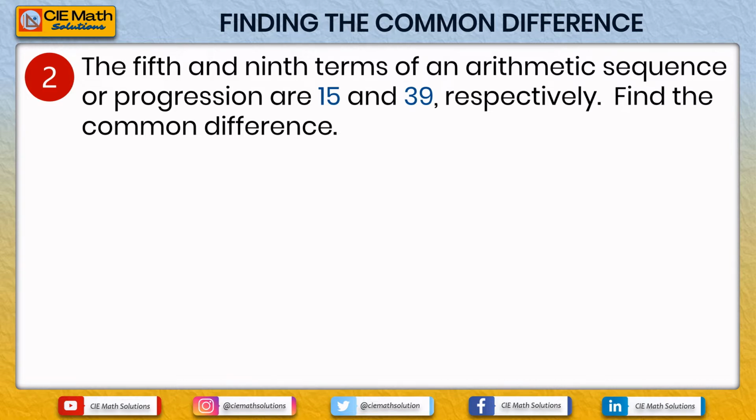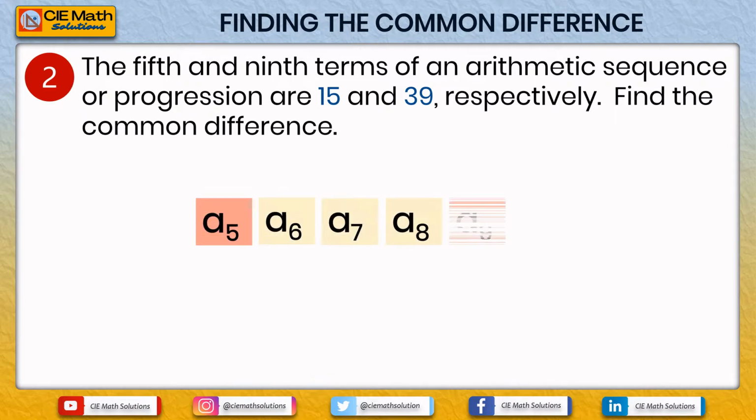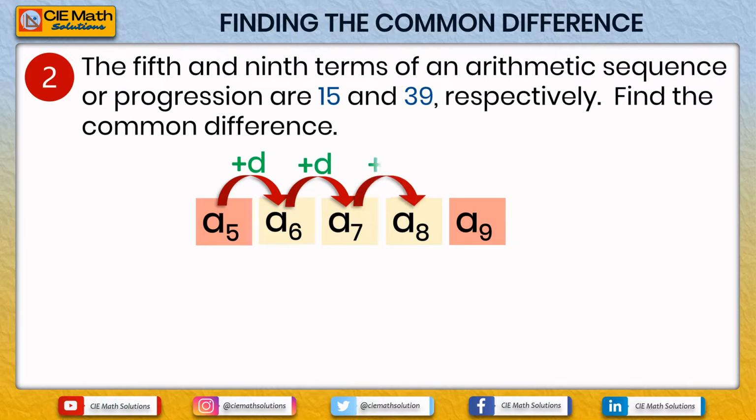Take note that before we could go from A5 to A9, we need to add the common difference to each of these terms. We will then have plus d to go to A6, plus d to go to A7, plus d to go to A8, and plus d to go to A9.